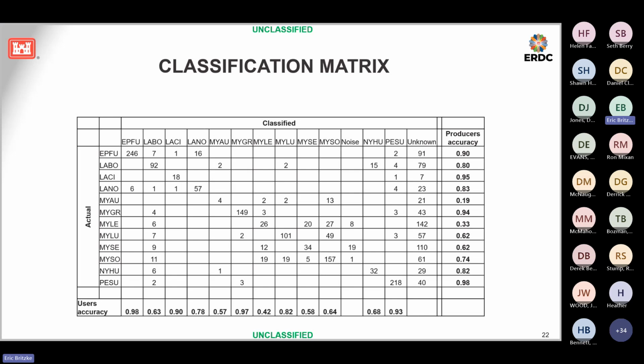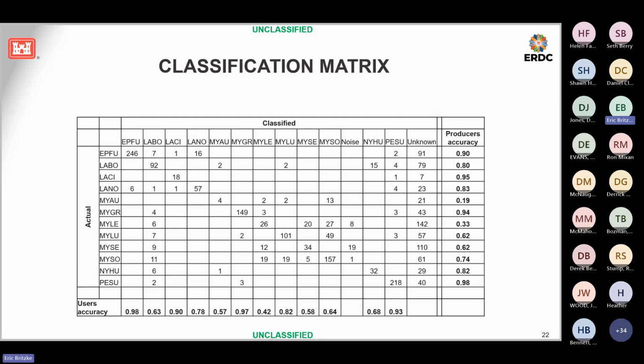On the left are the actual species IDs, and on the top are the species IDs from the classification model. On the diagonal are the correct classification rates, and then we also have the misclassification rates there as well.